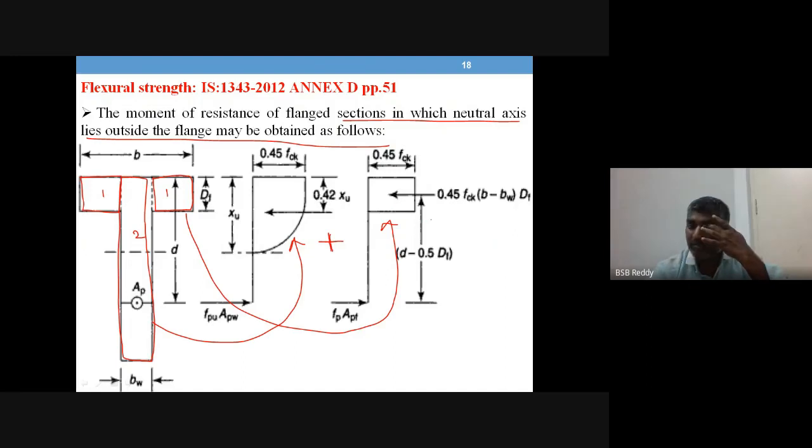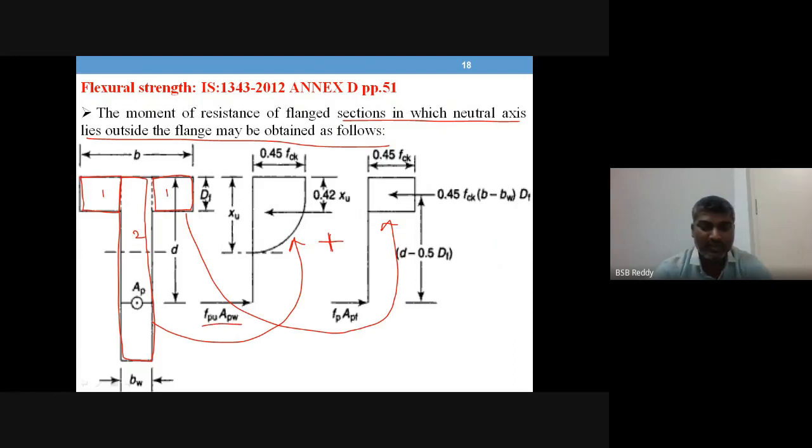But exclusively if you are talking about the flange, the stress block will be a rectangle, whereas for this diagram 2, it is both parabolic and rectangle. Till this it is a rectangle, and beyond that it is parabolic. This is how you have to split it up, and you have to split the parameters also.